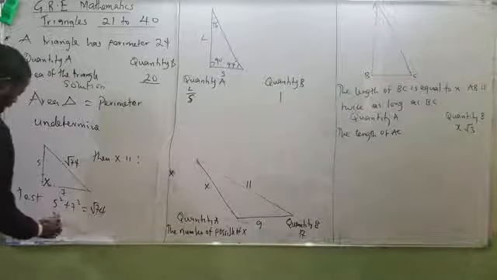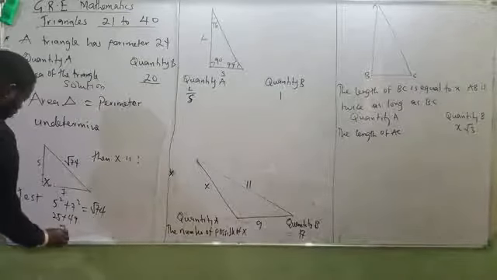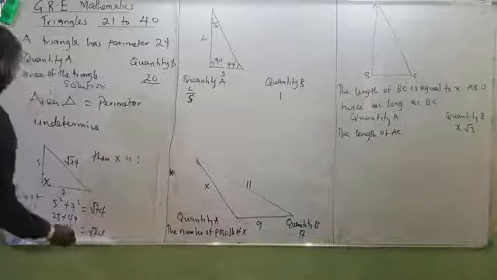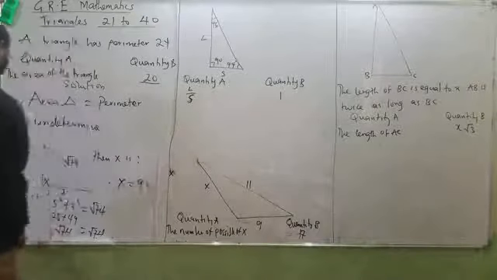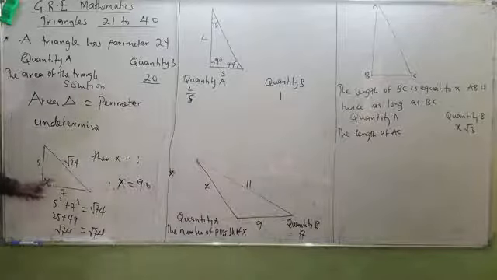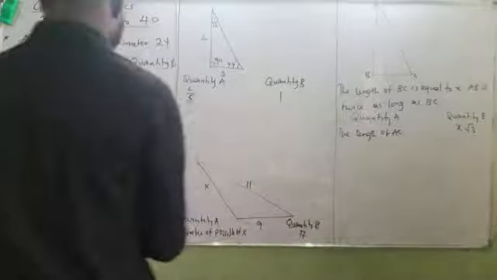It's 25 plus 49, which is 74. Since these are equal, therefore it is 90 degrees. But if they are not equal, take note of this: it means it can never be 90. That is a very good example.